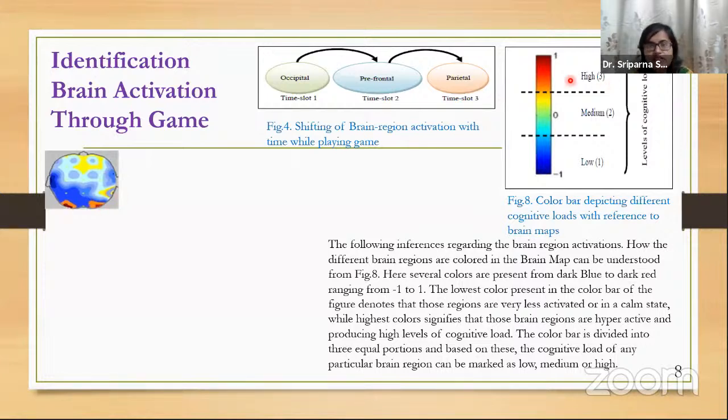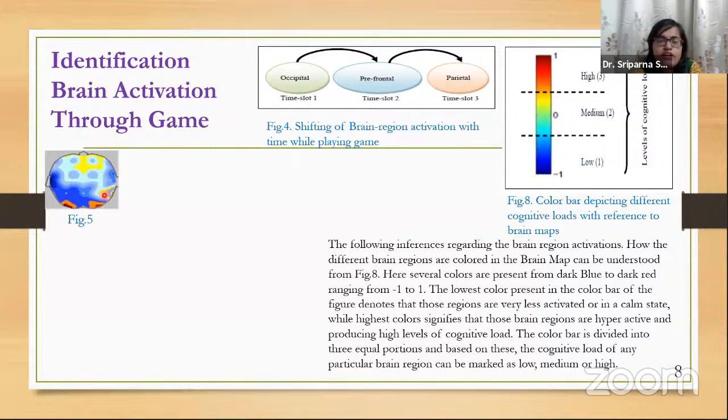Orange means a highly activated region, showing how active that particular region is. In your brain, this is basically the occipital lobe region. So now you can check, these are the eye portions of the brain, and the occipital lobe is activated.